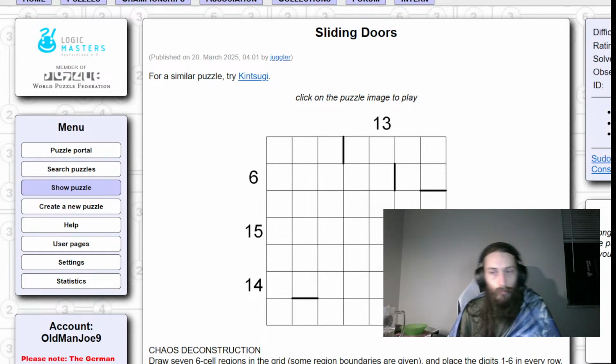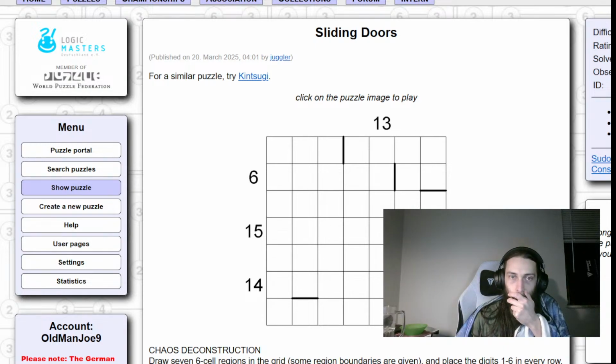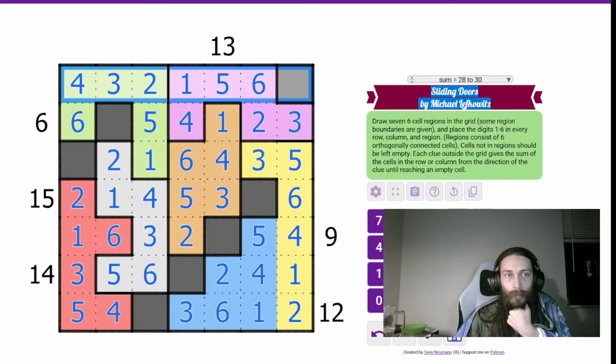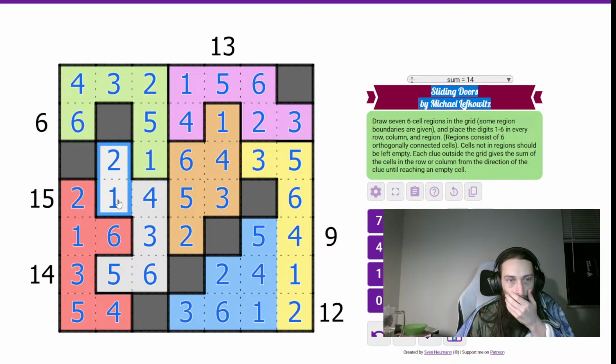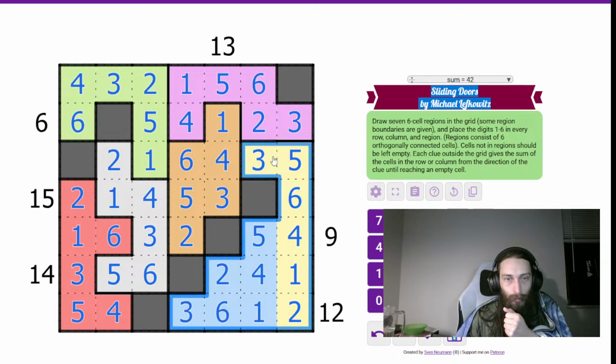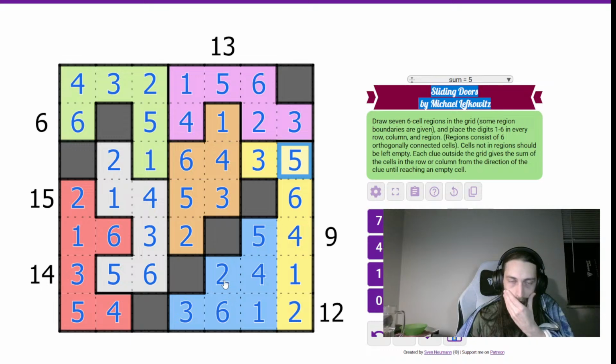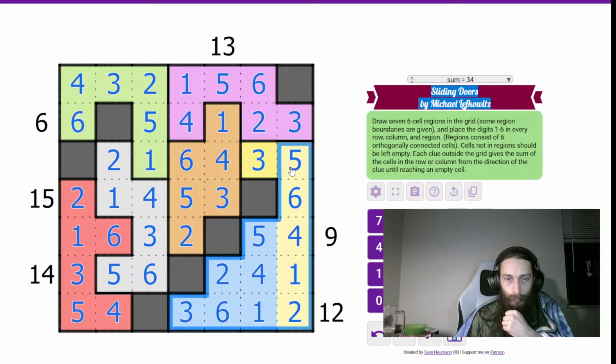Very nice. I guess most people are saying very easy, and I'm struggling to come up with a reason not to agree with them. The only thing that was tricky was figuring out this one, I think. And spotting the 12 down here that forced this was a bit tricky, but it is pretty straightforward once you spot that.